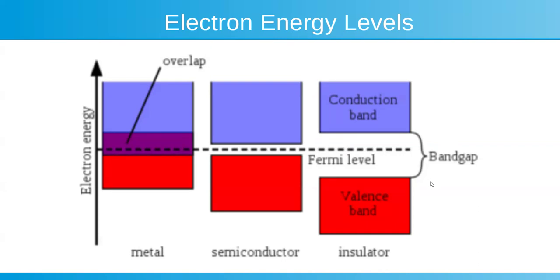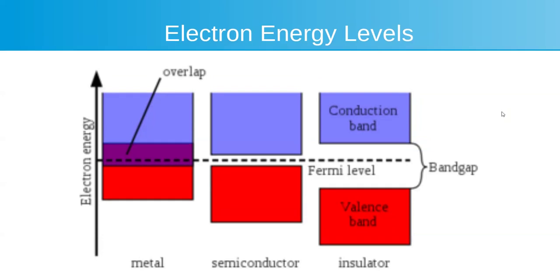And you can see for an insulator, the band gap is very much larger. So that's why it takes a lot more energy to get an electron to move if it's an insulator, or a very, very high resistance material.